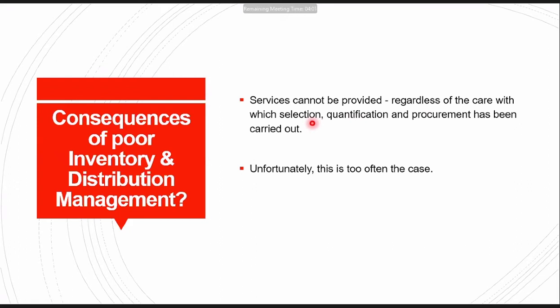No matter how much work you did, if you are going to mess up your inventory, there won't be any service that you are going to provide in a satisfactory way to the public, okay? Unfortunately, research shows that this is often the case, okay?